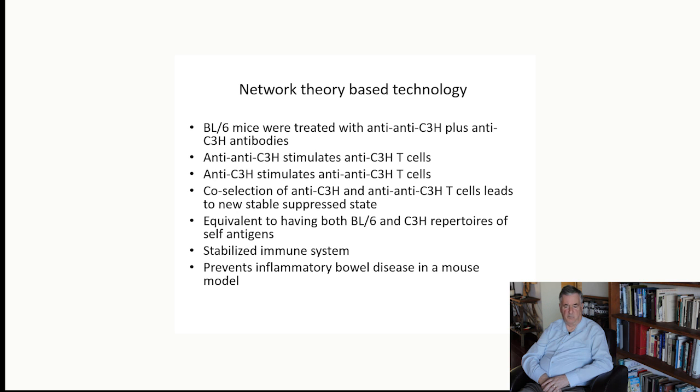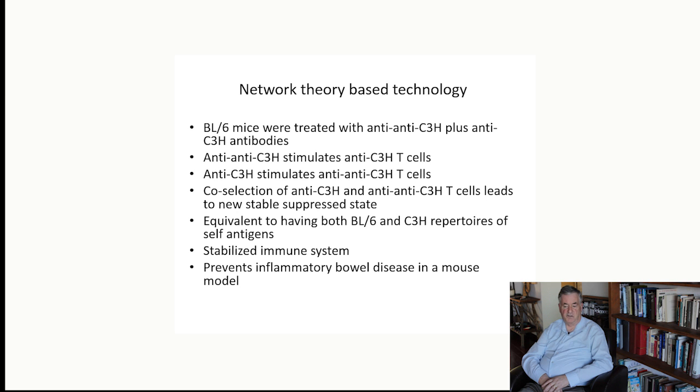Because they're being stimulated by complementary antibodies, this led to a new stable suppressed state in which the stimulated populations co-selected each other, and the resulting mice had been changed in a way that was similar to them having both BL6 and C3H repertoires of self-antigens.